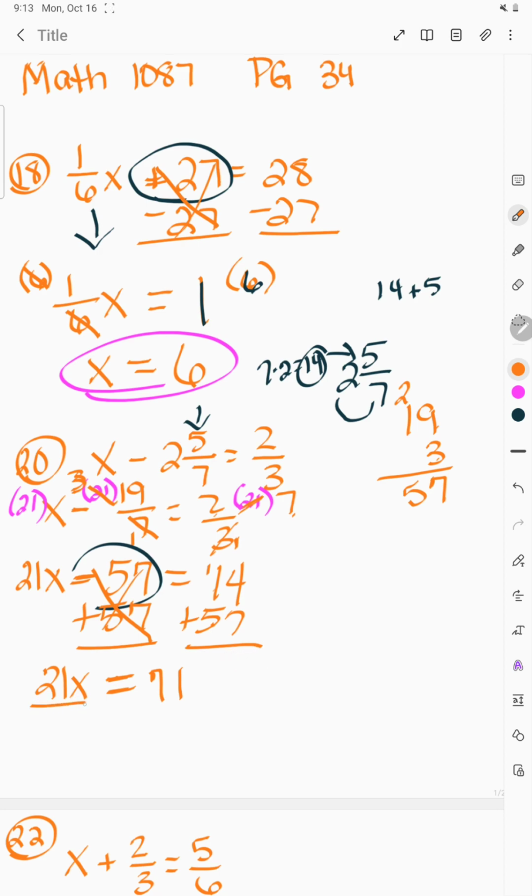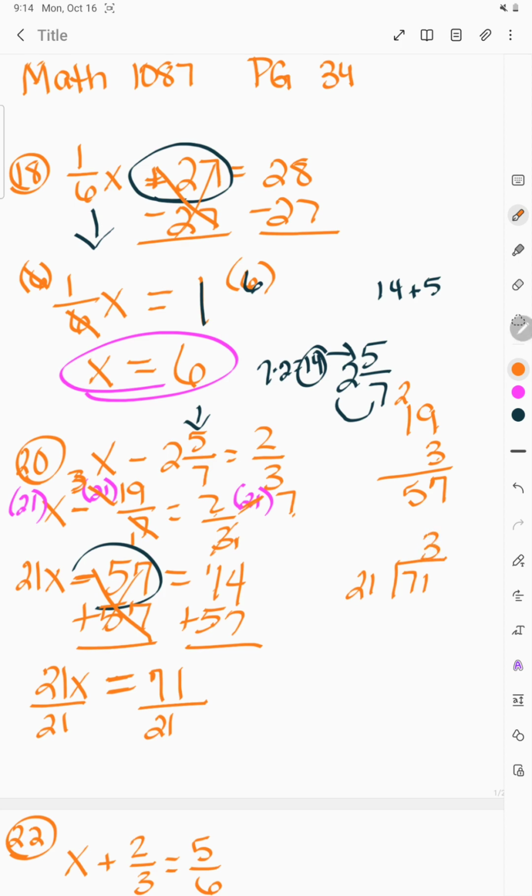So now I'm going to divide both sides by 21. All right, so now we have to see what is 71 divided by 21. I don't have a calculator, so I got to do it by hand. So how many times does 21 go into 71?